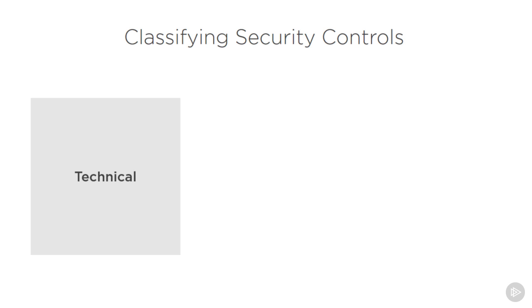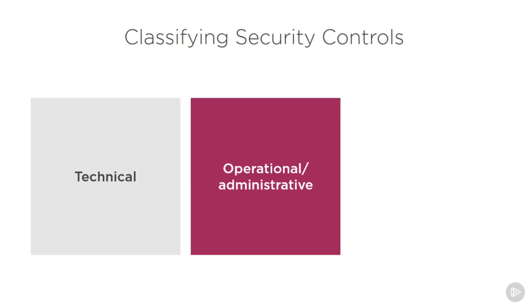This is going to be like firewalls, antivirus software, and operating system access controls. We then have the operational and administrative. Now, this control is implemented primarily by people rather than computers. This would include things like security guards and training programs that help educate our users. So these are more operational controls as opposed to technical controls.